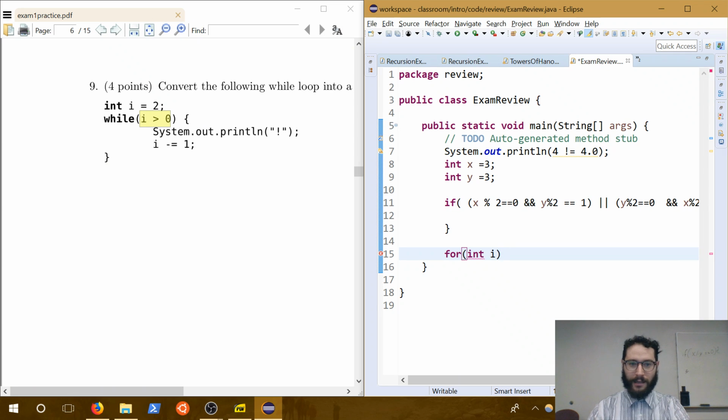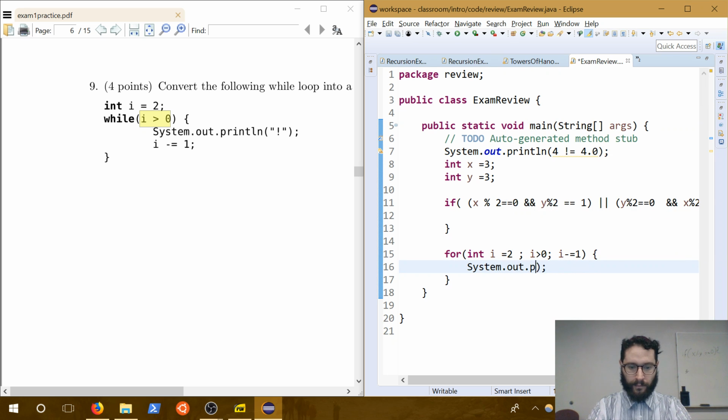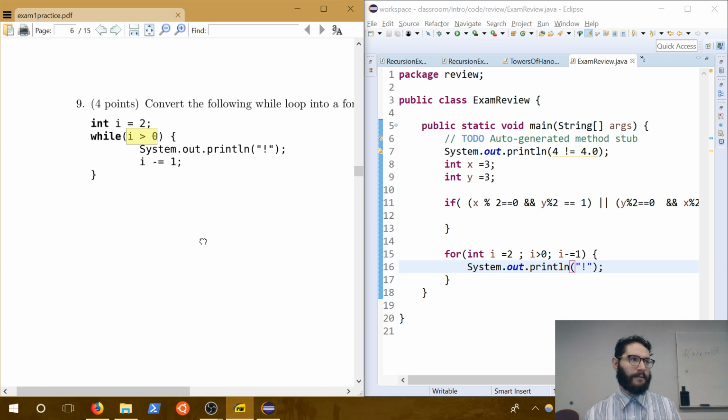All right, for int i = 2, while i is greater than 0, i minus equals 1, System.out.println, bang. So that's how you can convert that while loop into a for loop, right?